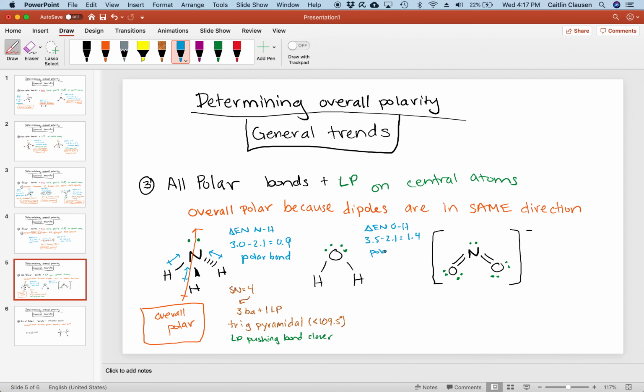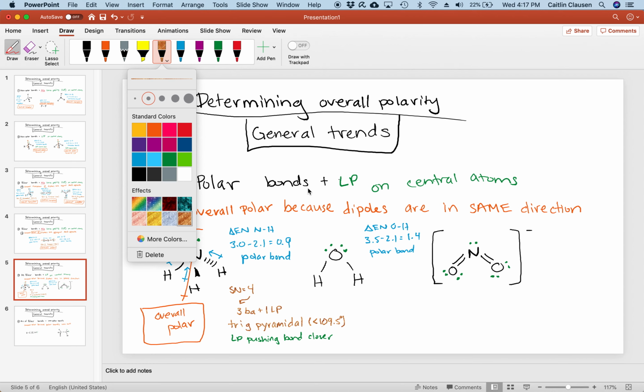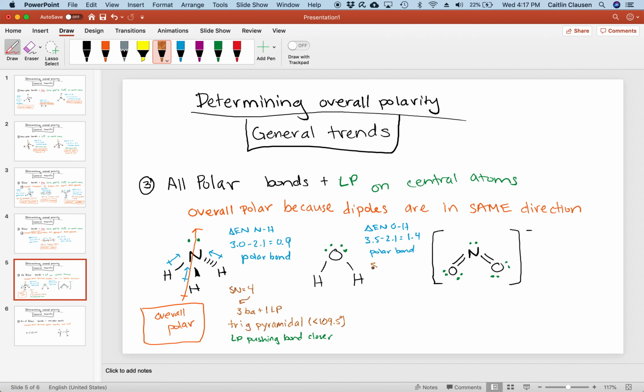Definitely a polar bond. Now if we check the steric number, it is 4. There are 2 bonded atoms plus 2 lone pairs. That tells me it's going to be bent.